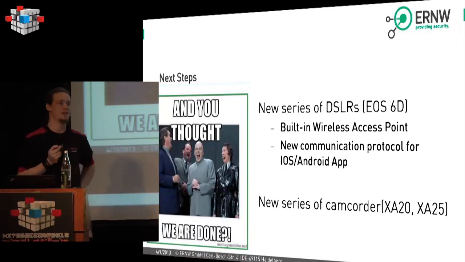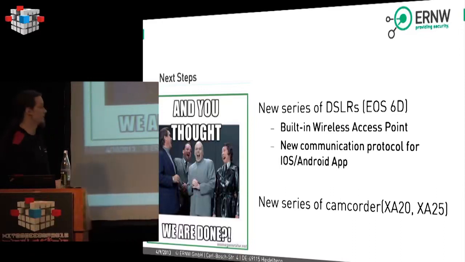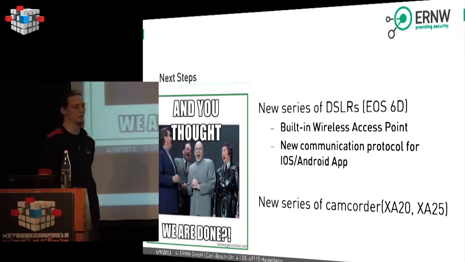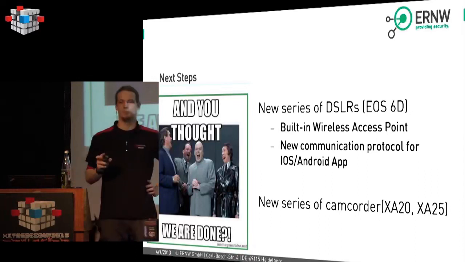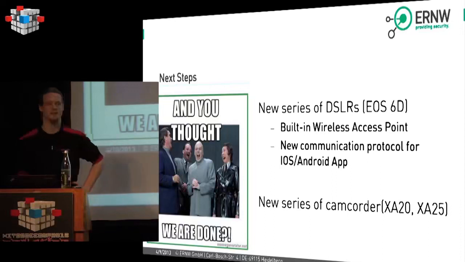If I had to bet, I would bet it's HTTP and XML again, because those two are already implemented in the camera. And also, Canon put out a new series of 4K camcorders just last week, I think, the X820 and X825. And those two also feature some network modes. It's amazing.